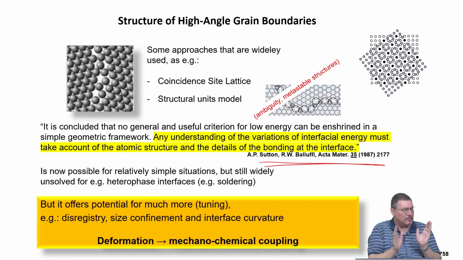But this is just a rather macroscopic approach. What we suggest is that we can change the material properties for the better also by changing the local atomic structure inside boundaries. And this is what we think would be a new way to do grain boundary engineering.